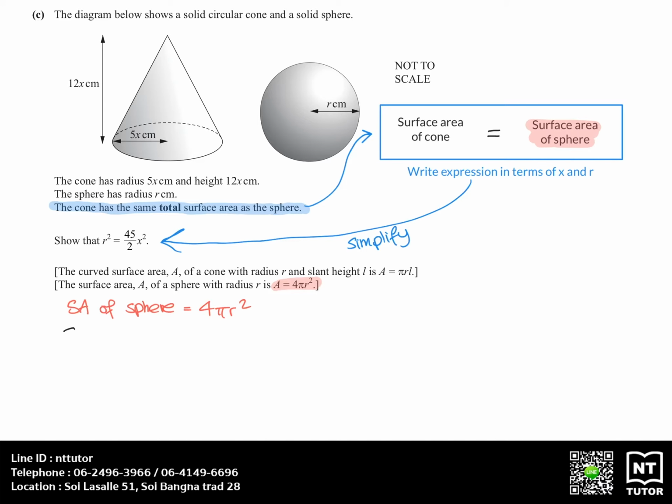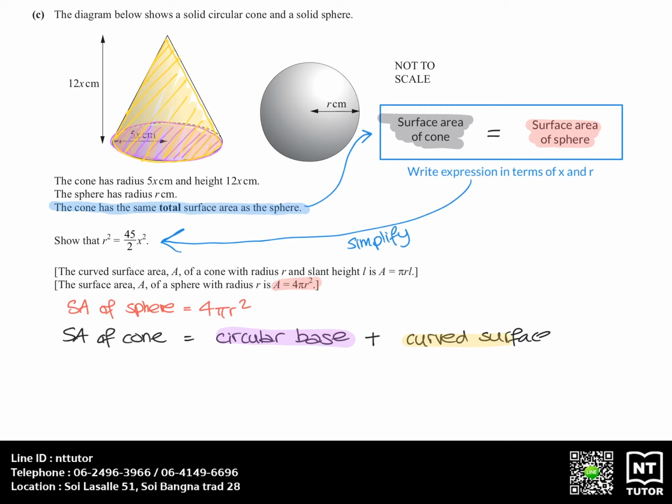For the surface area of the cone, however, we have two parts to this. The surface area of the cone is equal to the area of the circular base plus the curved surface area that goes around the cone on top. The area of the circular base can be calculated from pi r squared, where r is the radius of the circle.